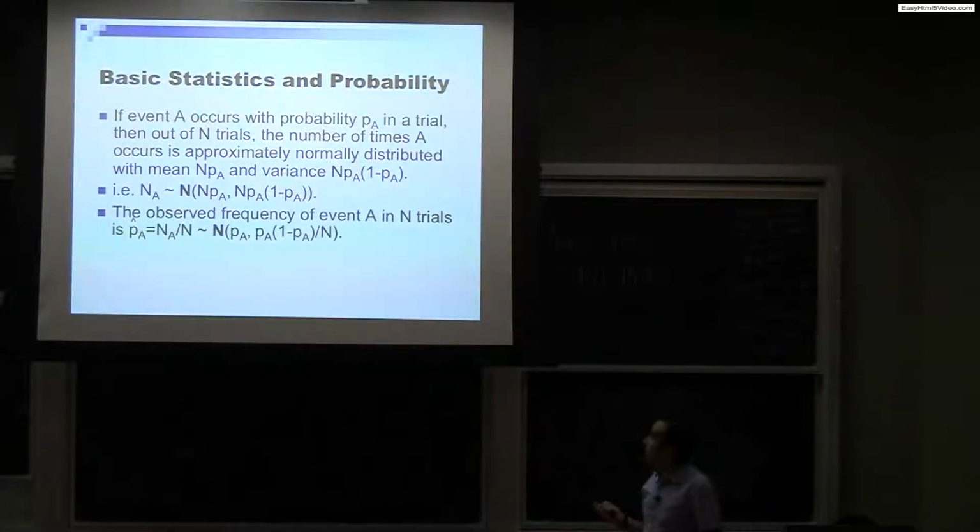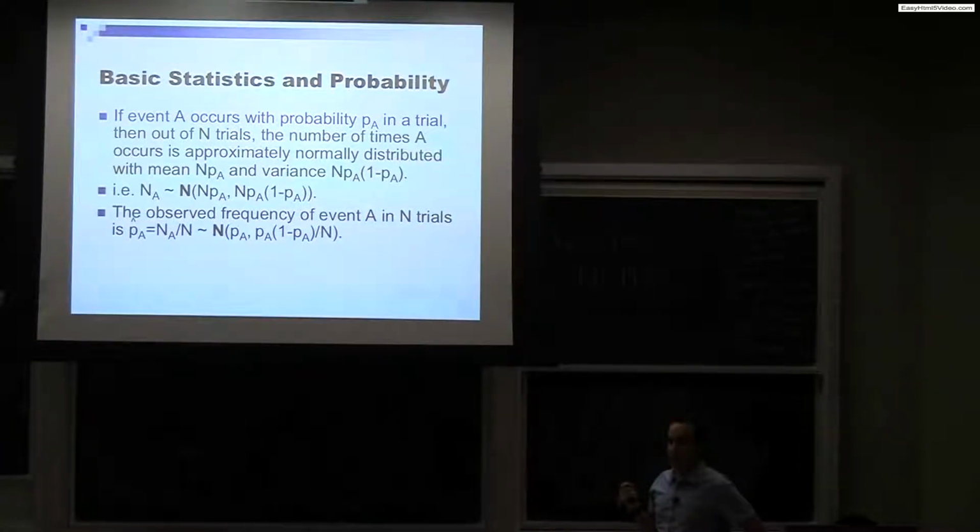The question is, how many times will event A occur out of those n trials? It'll be approximately normally distributed with mean NPA and variance NPA times 1 minus PA.